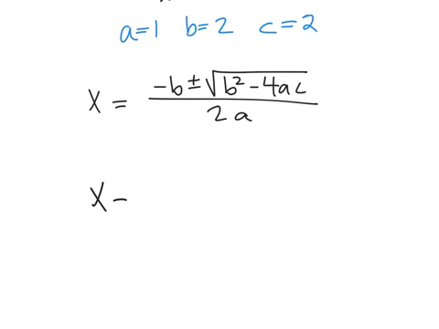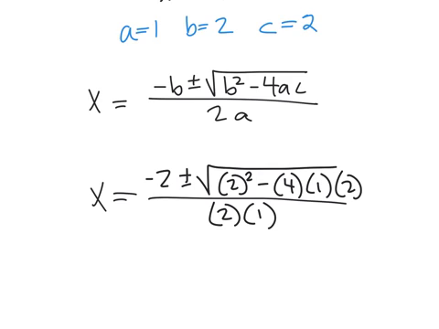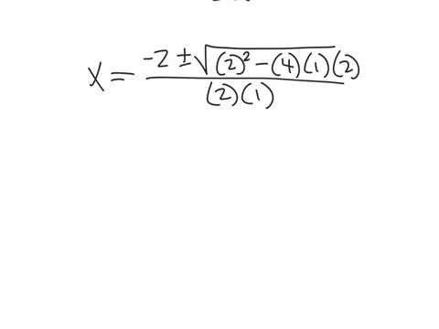So x is equal to all over. Okay, so negative b becomes negative 2 plus or minus the square root of 2 squared minus 4 times 1 times 2 all over 2 times 1. So now we're going to continue working on that.